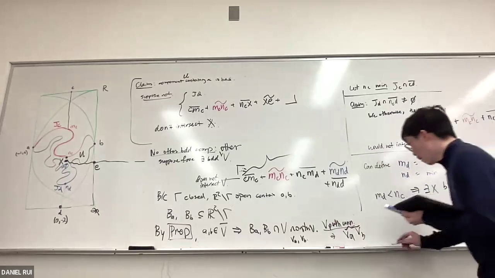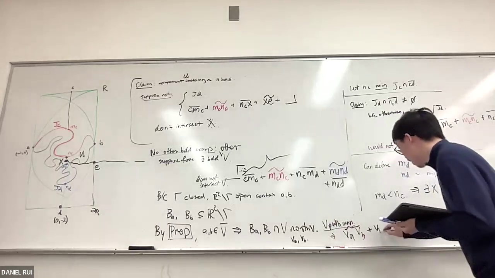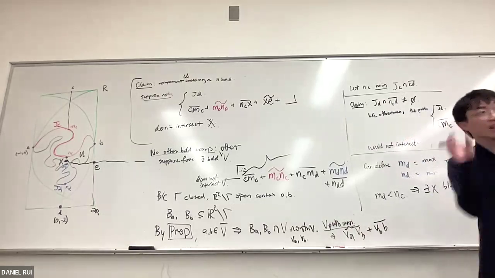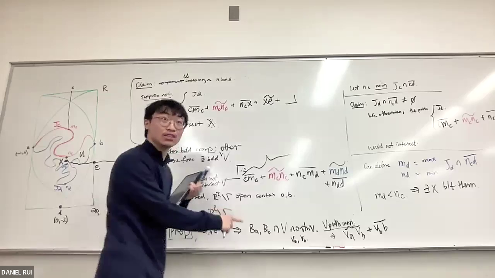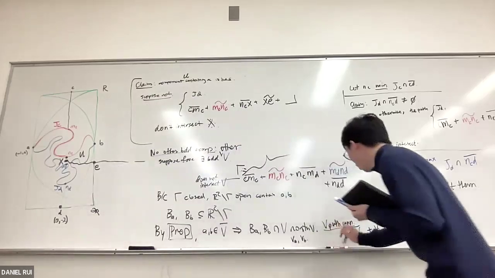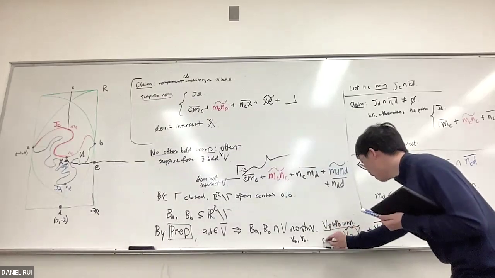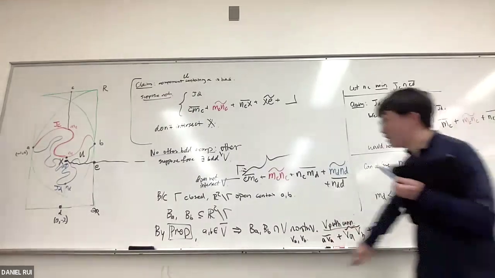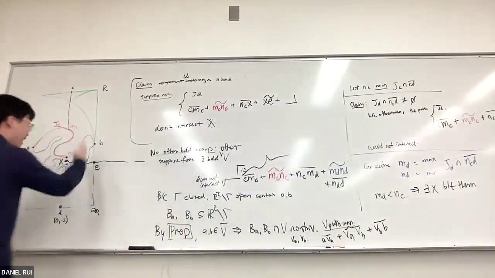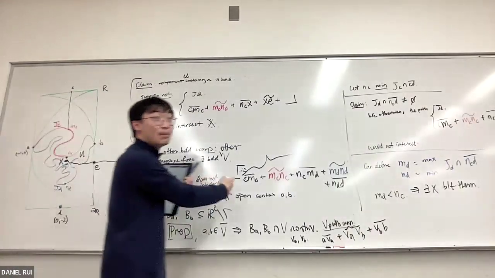But now I add to those the path from VB to B, the straight line path inside the little ball. The ball is disjoint from gamma, so I can just add this without qualm, and I add back in A, VA, straight line. This is the path starting at A, ending at B, that does not intersect gamma.